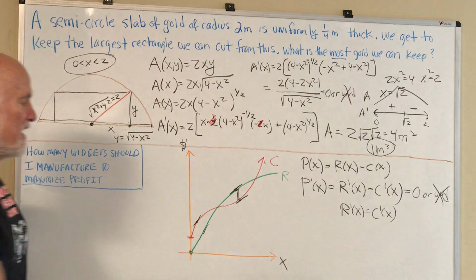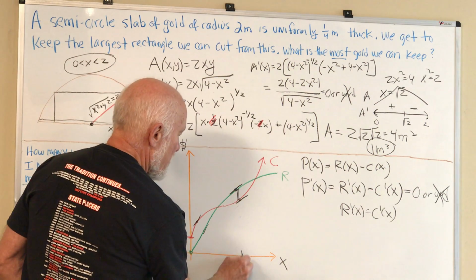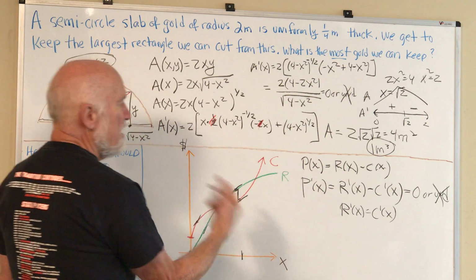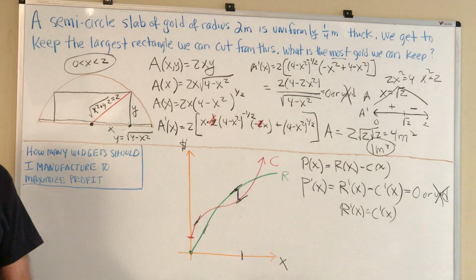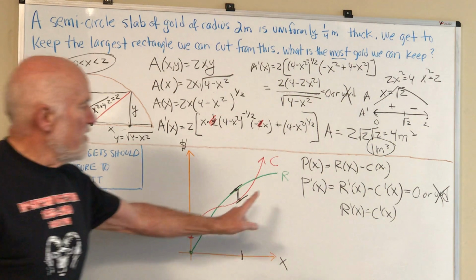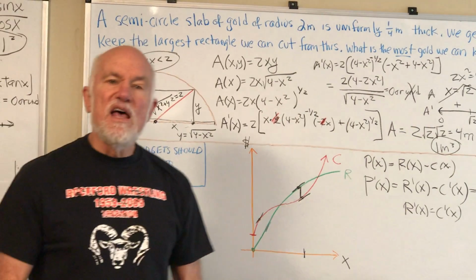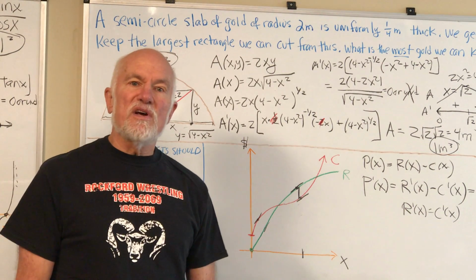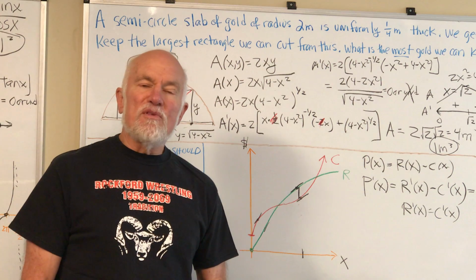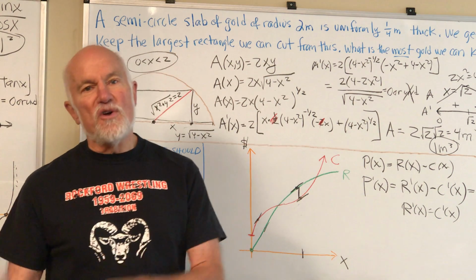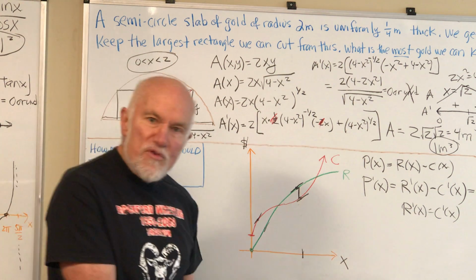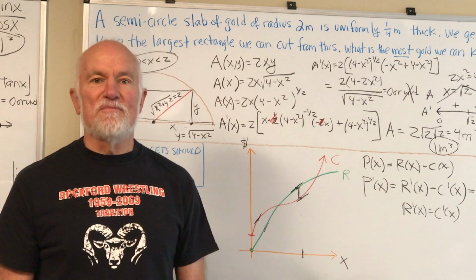So you would want to pick this place over here where the derivative is 0, where your marginal revenue is greater. When your revenue is greater than your cost. So that's something that you see in an economics book, that maximum profit happens when marginal revenue equals marginal cost. So we've kind of proven it here with calculus.